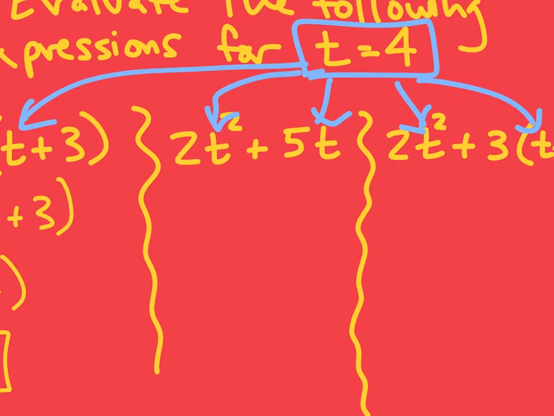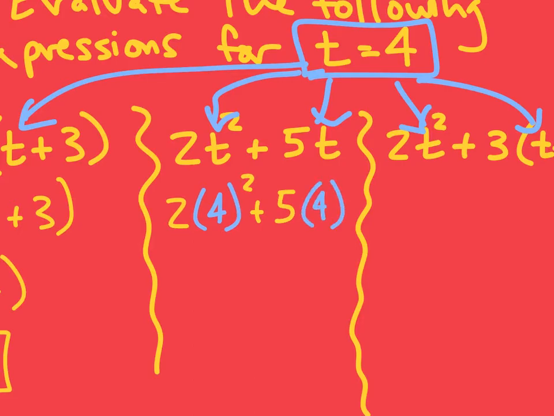In my next example, I'm going to do 2t times t squared plus 5t. The first thing I'm going to do is write out my 2. I'm then going to plug in 4 for t. So I'm going to do parentheses 4 and then squared plus 5 times t, and then I'm going to plug in 4 for t here.